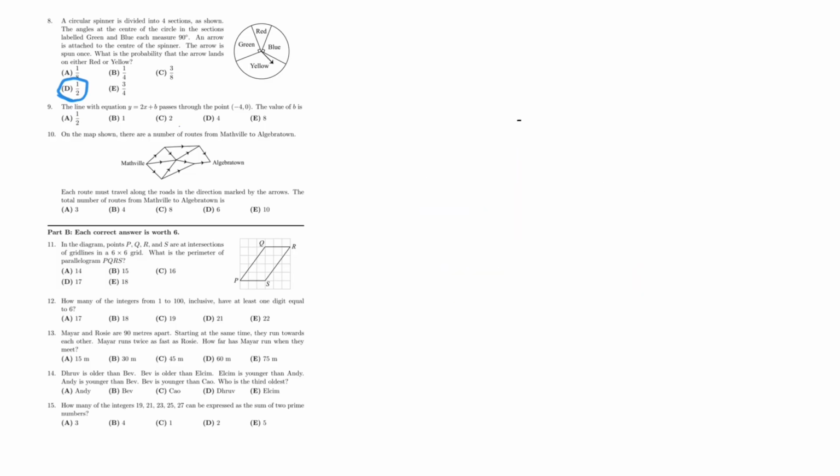Number 9. The line with equation y equals 2x plus b passes through the point (-4, 0). The value of b is... y equals 2x plus b. Because the line passes through (-4, 0), this coordinate satisfies the equation.